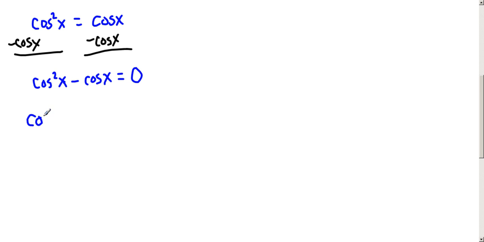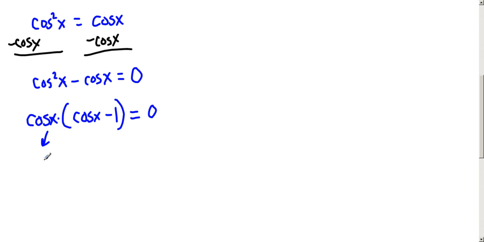If we factor out that cosine of x, now we've got cosine of x times cosine of x minus 1, and now we've got a product on the left side. Anytime you've got a product that equals 0, recall the zero product property from algebra, which says that if two or more numbers multiplied together equal 0, one of those numbers has to be 0.